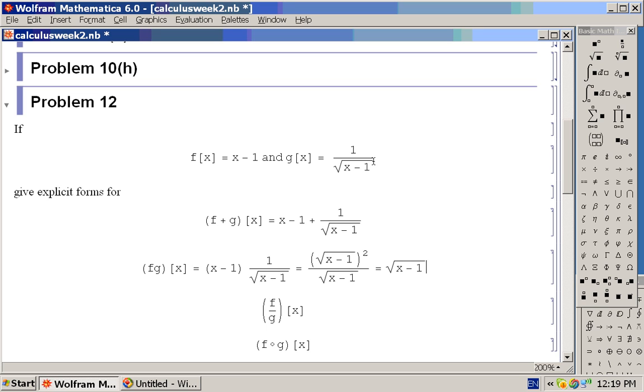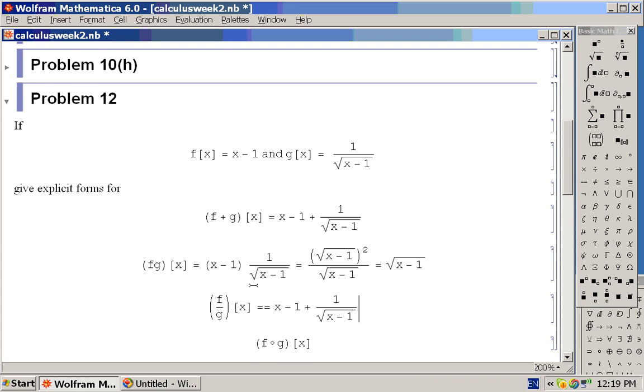f over g of x is got by dividing f of x by g of x. So let's copy that down here. Now we divide those two.